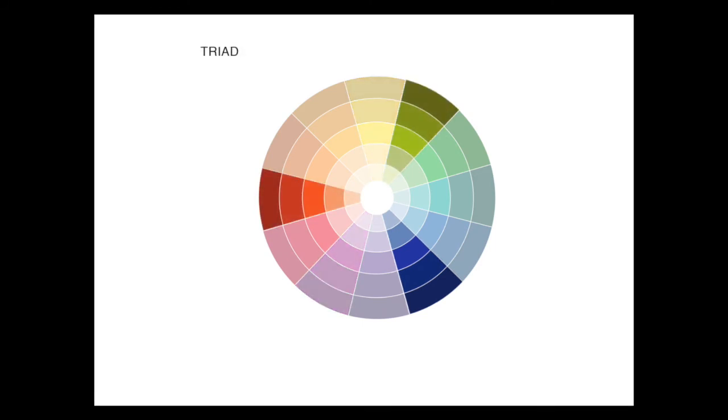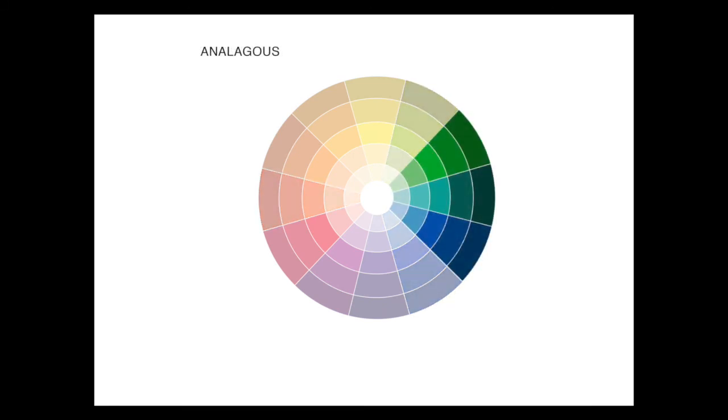Now next we have the triad color scheme. The triadic color scheme uses colors that are evenly spaced around the color wheel. Since all the colors tend to be very dominant when using this scheme, just be sure to maintain a good balance. And finally, we have the analogous color scheme. This is a combination of 3 colors that are grouped together on the color wheel.